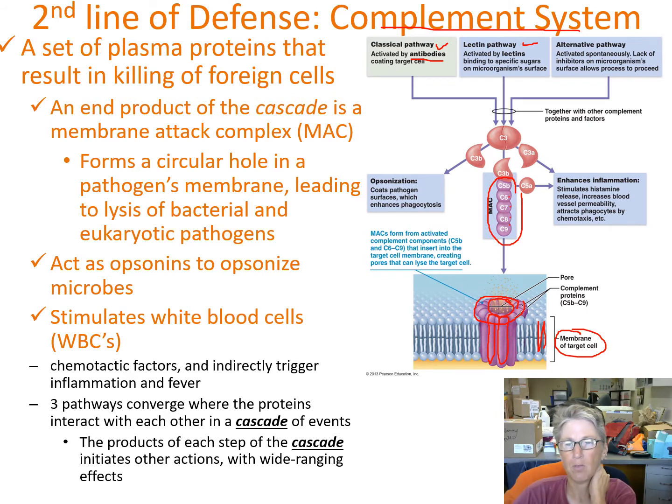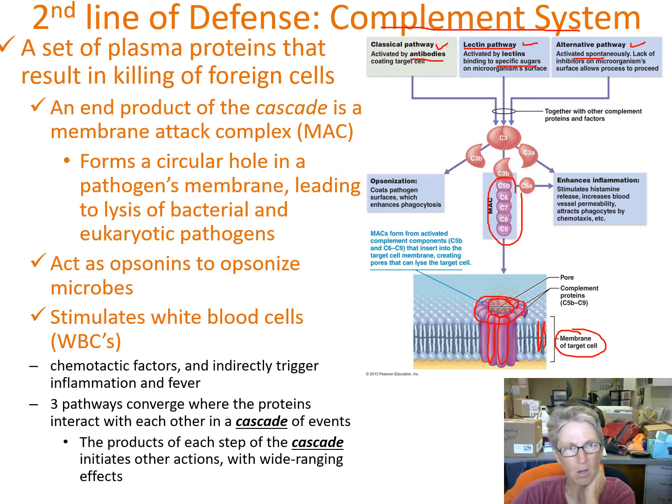Lectins can bind to specific sugars on a bacterium, and then macrophages can recognize the bacteria and kill them. And then there's the alternative pathway to activate the complement system, and it's kind of activated spontaneously.